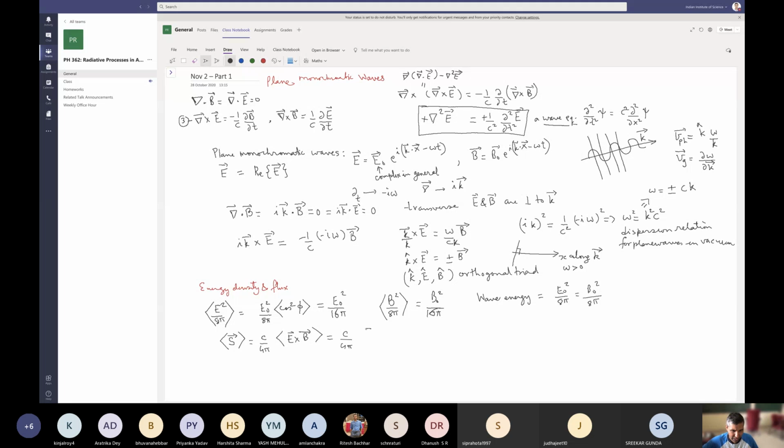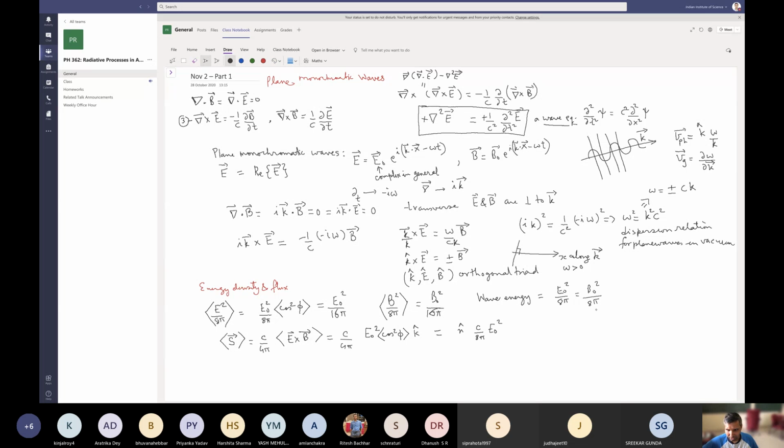So we have E naught squared, and the cos squared phi factor gives a half, times K hat or N hat. N hat is the direction when you think in terms of rays, and K hat is the direction of the wave number, but they are the same, just a slightly different viewpoint. So we get C by 8 pi E naught squared.